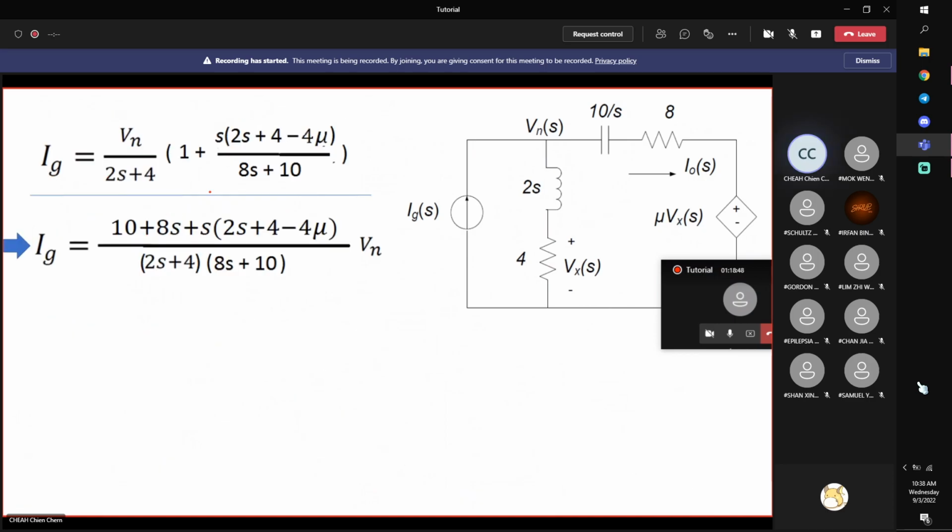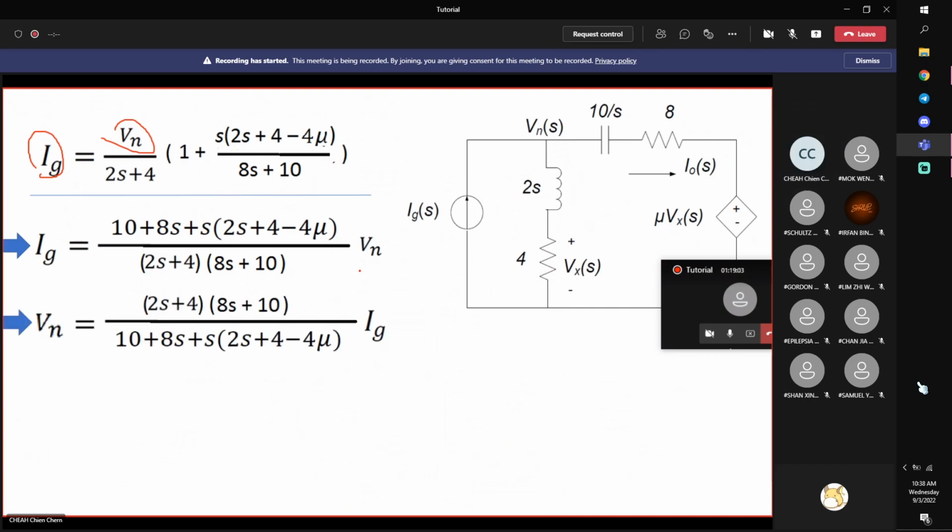What we want is Vn in terms of Ig, right? Rather than Ig in terms of Vn. So just invert it, and this is what we get. So we managed to relate the Ig to Vn after inverting this relationship.